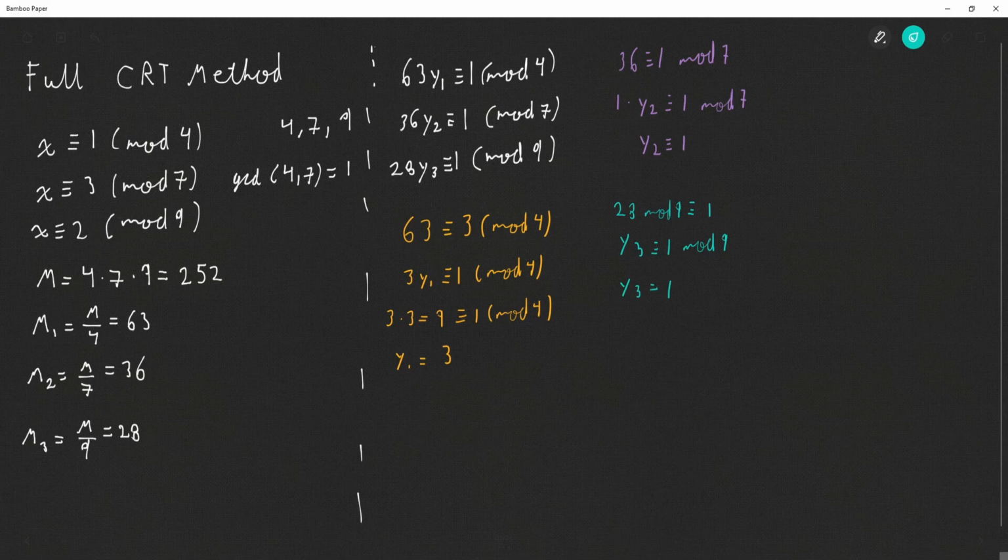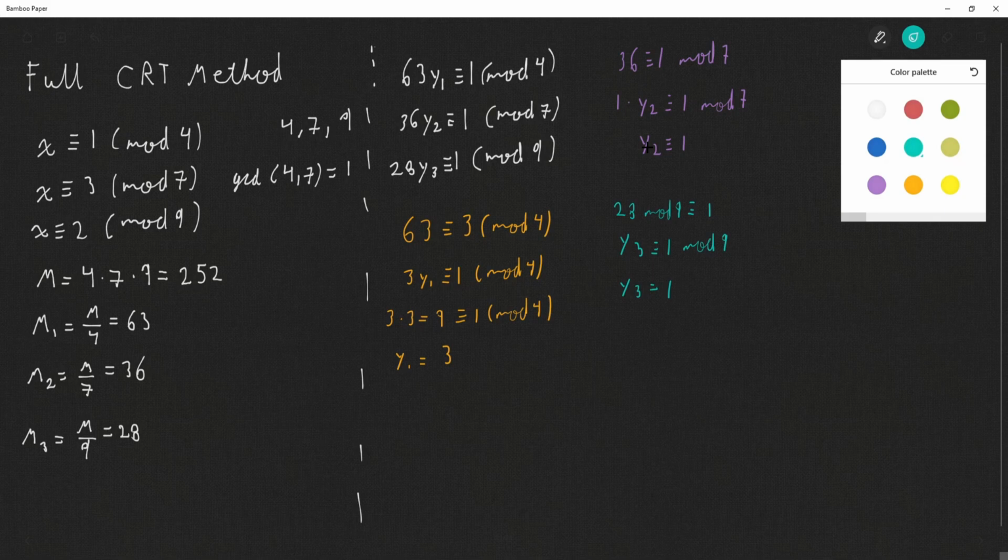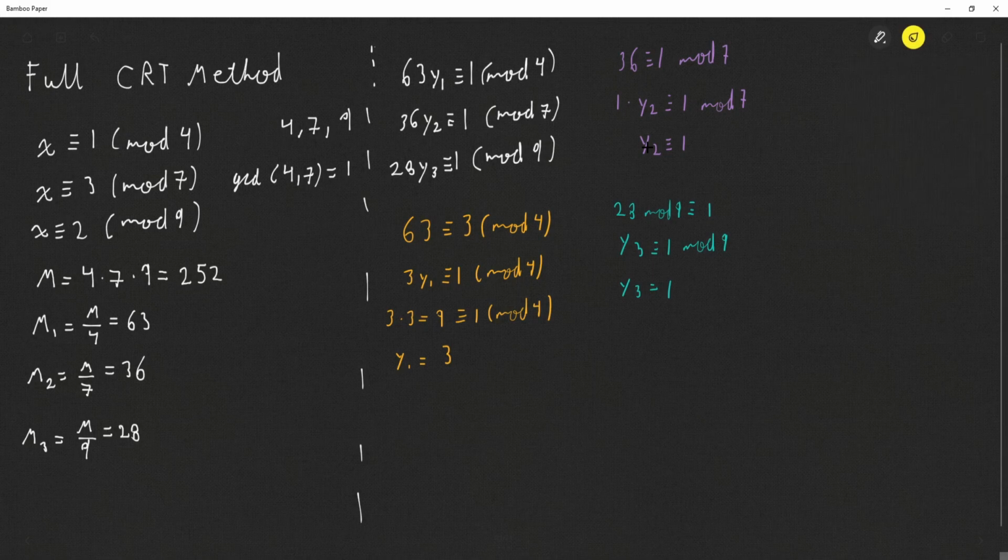Now what we will do is we're going to build our formula to get our final answer. So we have x, which is our original question, is equal to A1 M1 Y1 plus A2 M2 Y2 plus A3 M3 Y3.